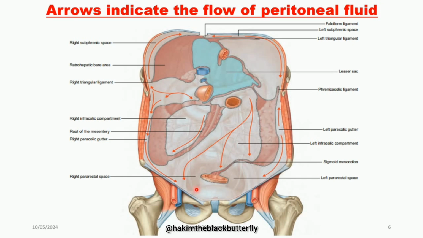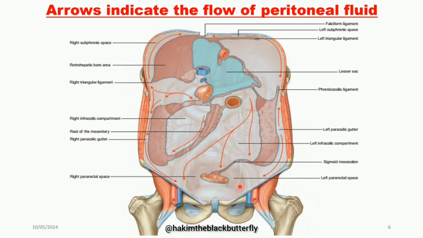Okay. So right now, just understand that that fluid does not only circulate within the abdomen, but it also can extend downwards. For example, when the patient is in a standing position or an erect position, that fluid can extend downwards into the potential spaces of the pelvic cavity.